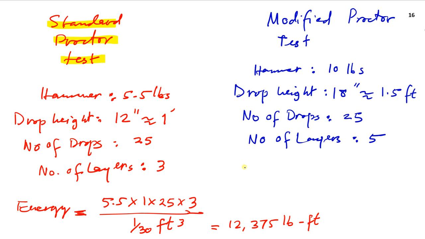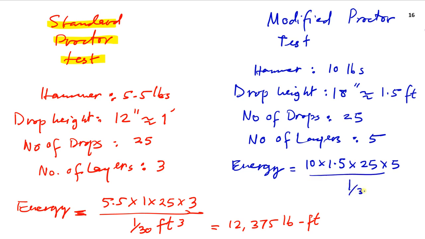Let's look at what the energy is. The hammer is 10 pounds, the drop height is 1.5 foot. This is the energy that is transferred in one drop, and we are going to drop 25 times, and there are going to be 5 layers, meaning the total drops are going to be 125, and we should divide it by the volume.